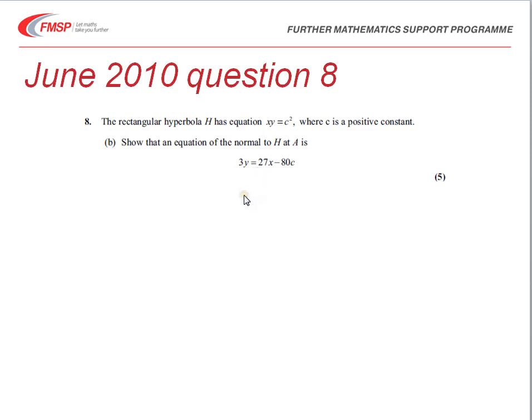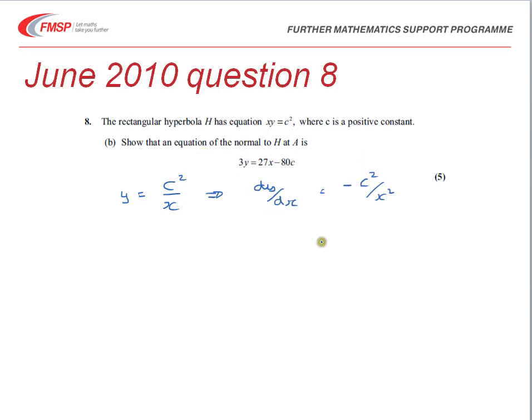Right, taking those one at a time then, the first thing we need to do is to show that the equation of the normal to H is in fact 3y equal to 27x minus 80c. Very specific about the way they want us to write it. Well, we need to start off by using calculus to work out dy by dx. So I'm going to do this by writing y is equal to c squared over x, and therefore differentiating that, dy by dx is equal to negative c squared over x squared.